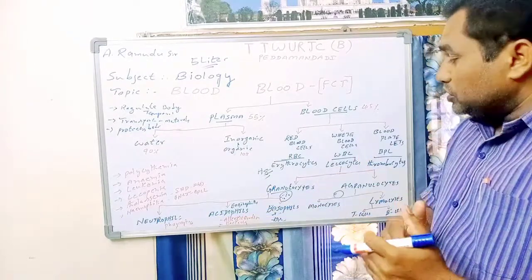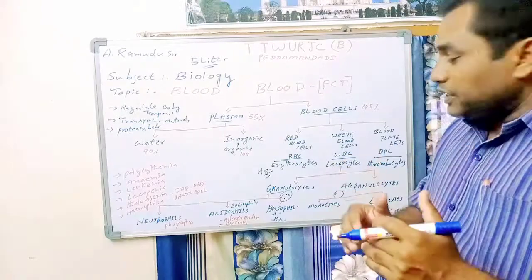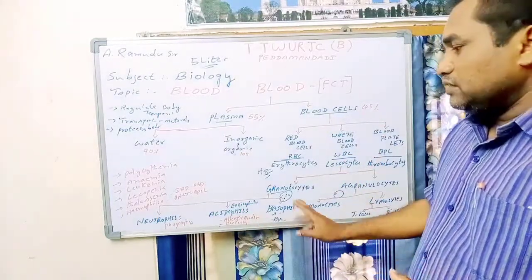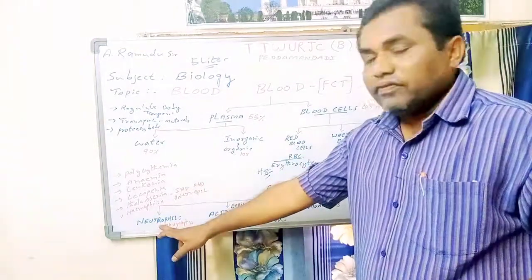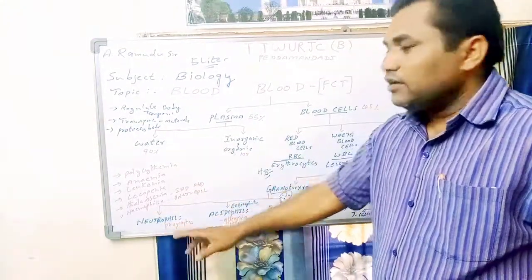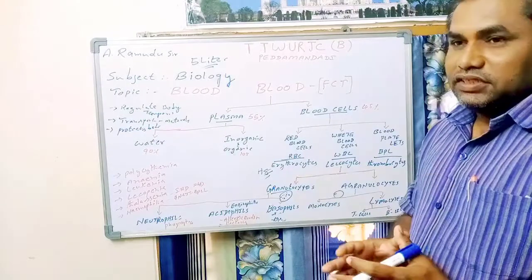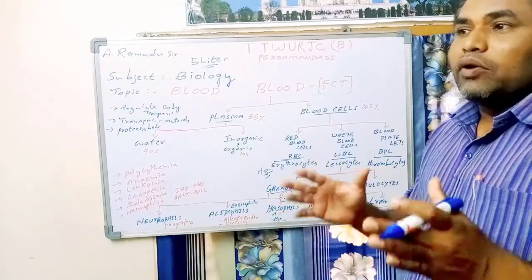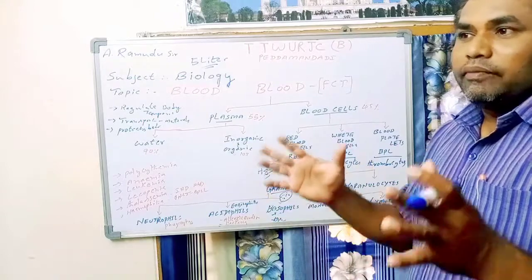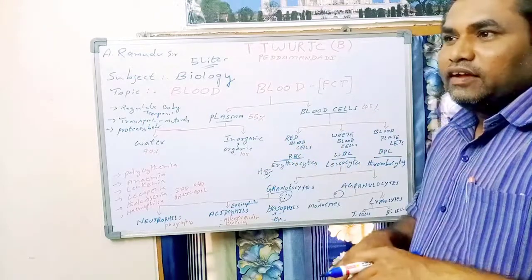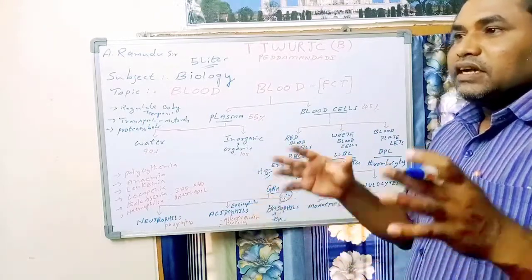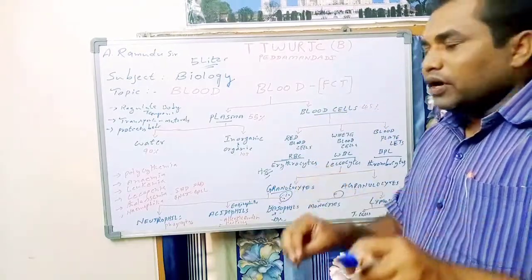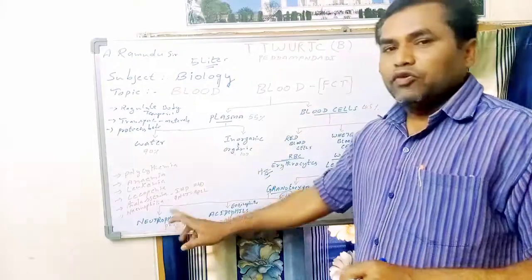Some exhibit basic nature, hence they are called basophils. The function of neutrophils is phagocytosis, which means killing microorganisms. Whatever harmful microorganisms enter our body, neutrophils engulf and kill them.